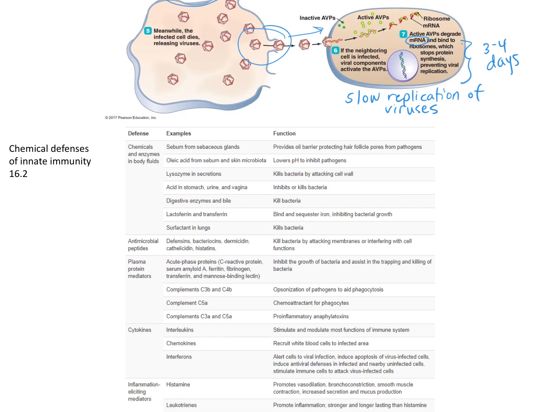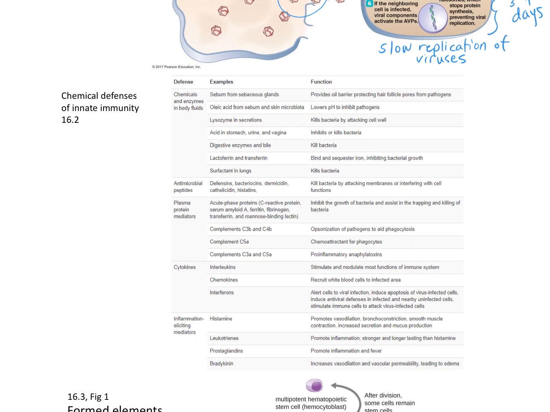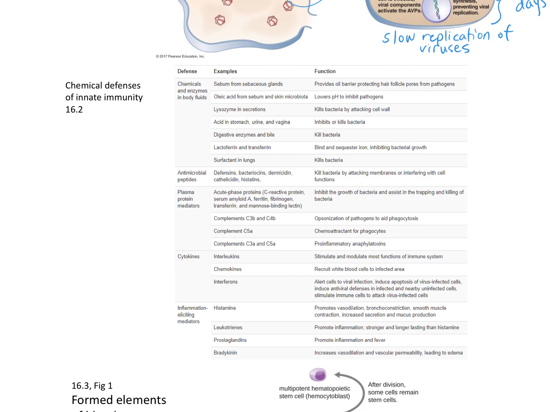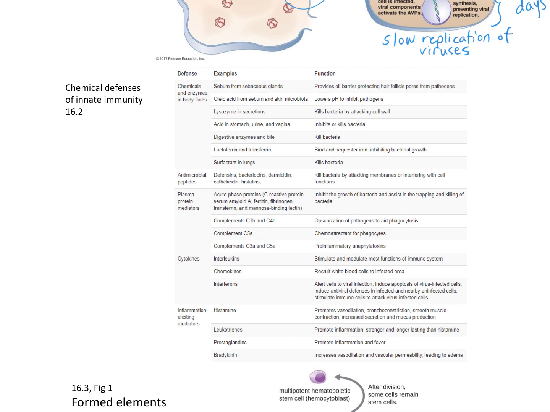I'll just finish here with your book had a very detailed list of some other chemical defenses. I included it here just because, if you're interested in this, there's a lot of things that we didn't go into in this detail, but this might give you some perspective. We didn't really talk about these antimicrobial proteins.